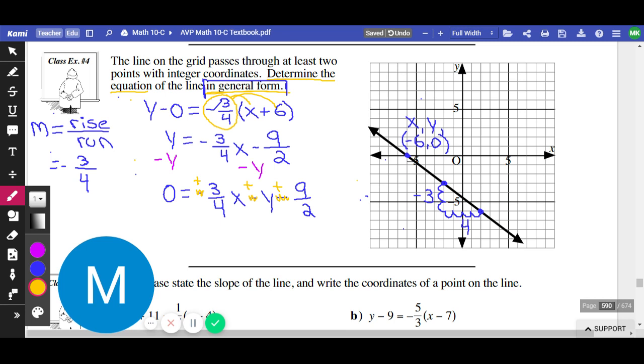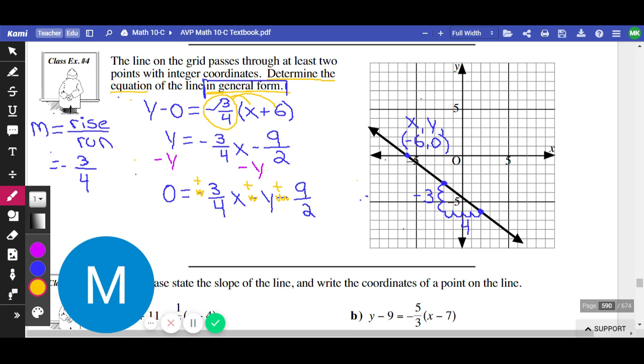The no fractions rule is a little bit trickier. Your job is to figure out what the numbers on the bottom of your fractions are. We have 4 and 2, and we need the lowest common multiple between those numbers. Lowest common multiple means what are the numbers that 2 and 4 can both multiply to become? 4 times 1 is 4, and 2 times 2 is 4.